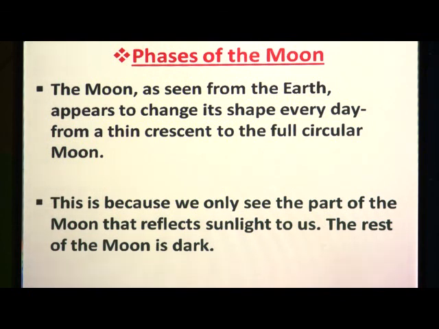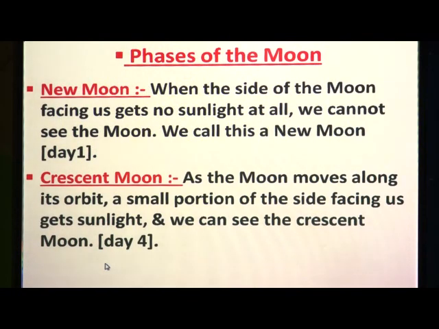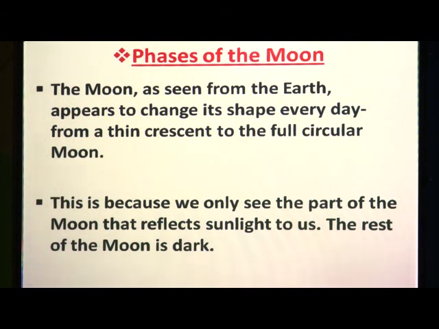This is because we only see the part of the moon that reflects sunlight to us, and the rest of the moon is dark. These different shapes of the moon as seen from the earth are called the phases of the moon.